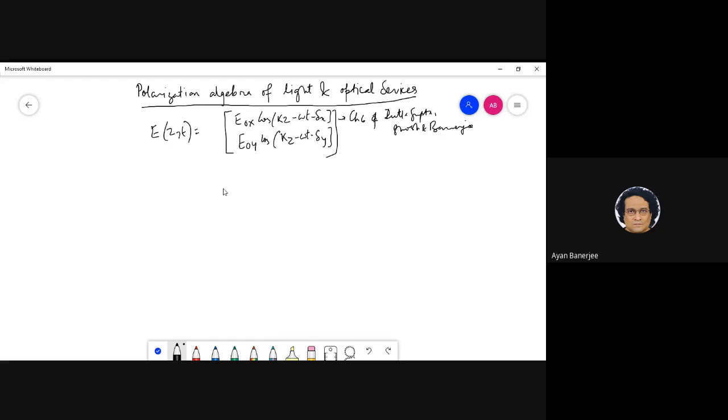And where k, however, is complex, very important. We are absolutely not saying that this is now a simple k vector. This is actually a complex quantity. The imaginary part is the attenuation, which gives rise to absorption. The real part gives rise to transmission, or decides the phase velocity of the wave, right?